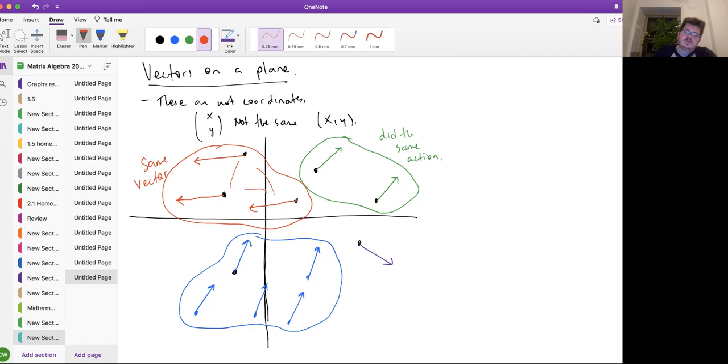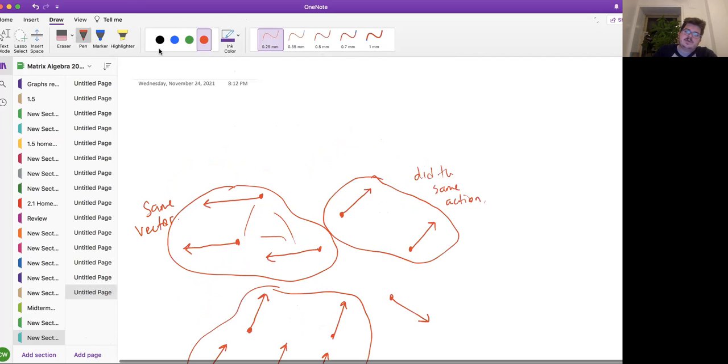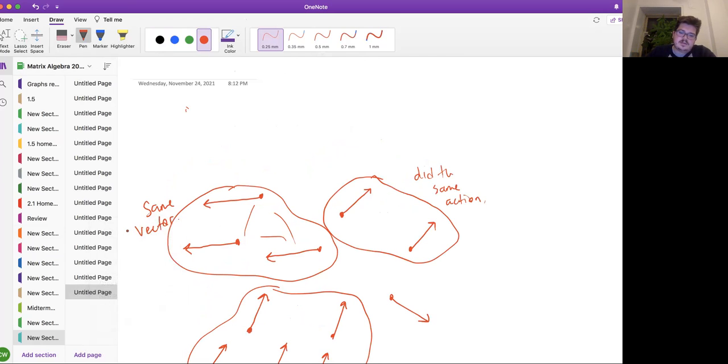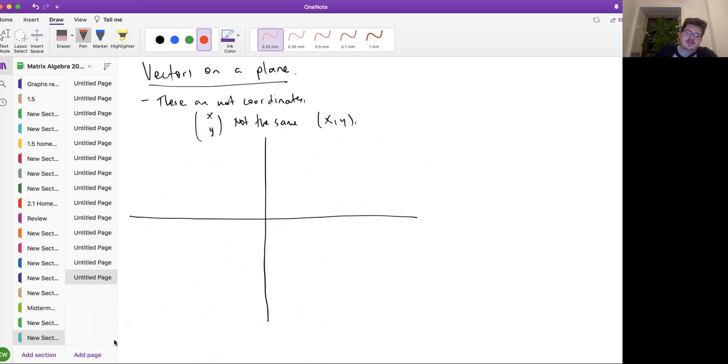All right, so that's how we're going to define vector. Vector will mean, we'll just call it, jump some amount in some direction.